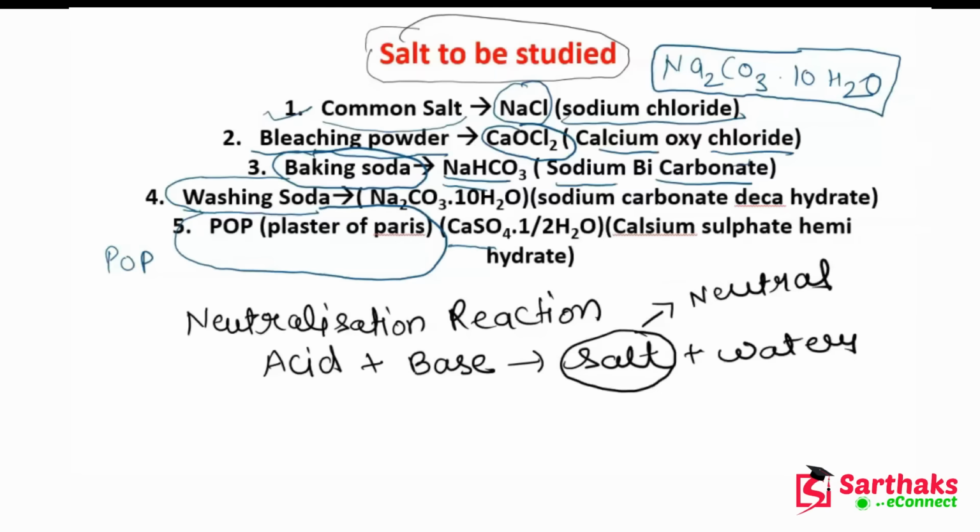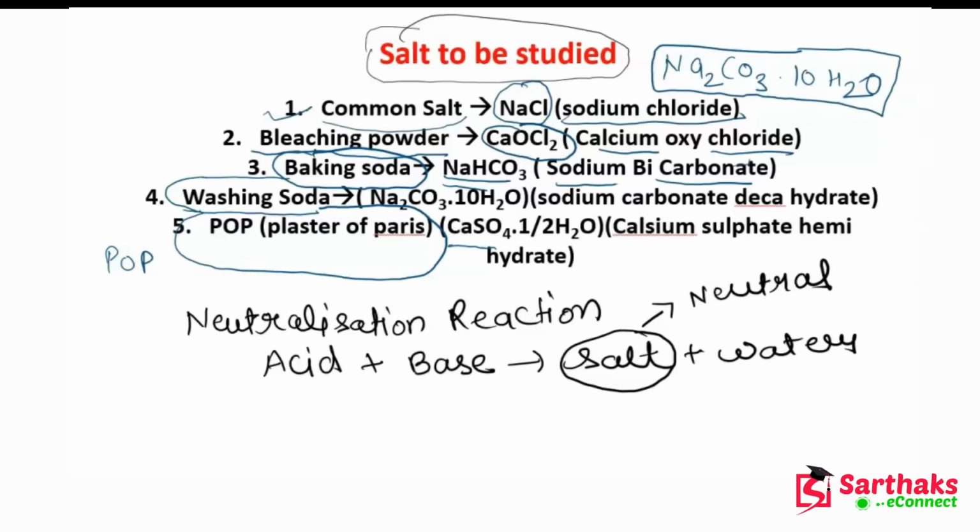You can see that half a molecule of water is present in this calcium sulfate, or the POP. That's why it is known as calcium sulfate hemihydrate. So this is just a basic introduction about the salts which are going to be discussed.